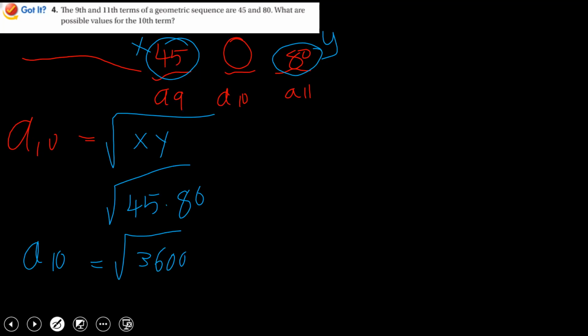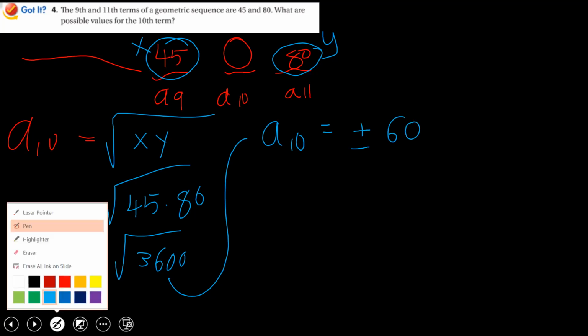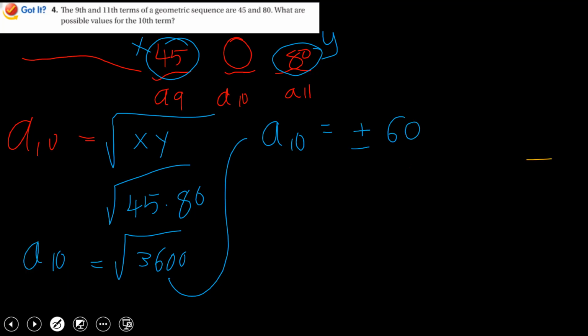So what will be a sub 10? As I told you, if I have x equal to the square root of a number, I can say that a sub 10 is the square root of 3,600. It will be positive or negative 60. So here, because of that, we have two possible sequences.